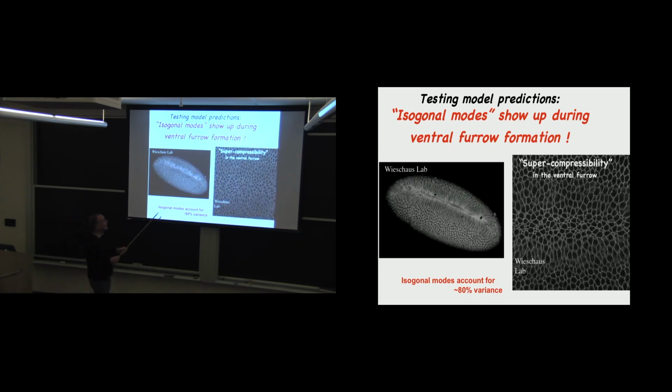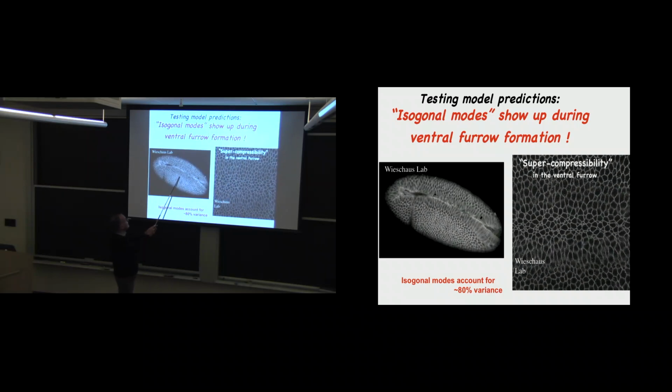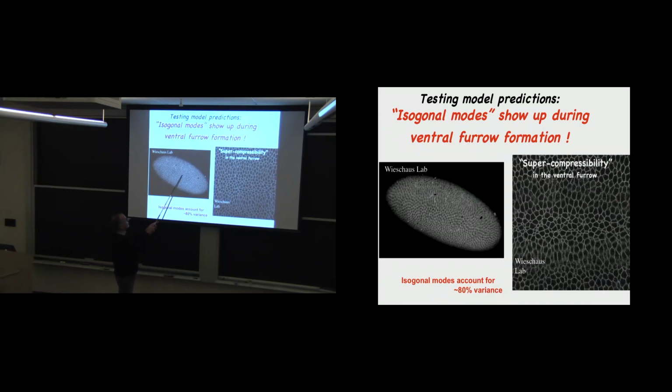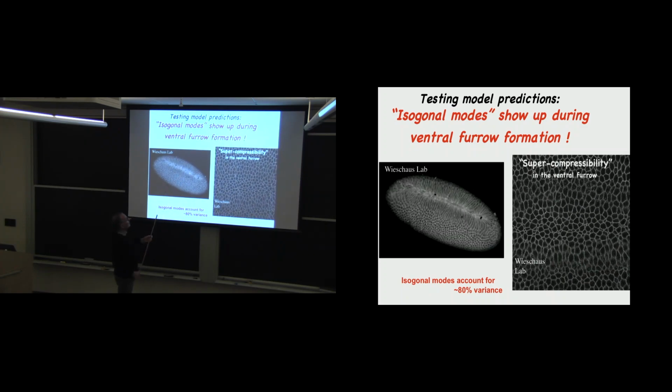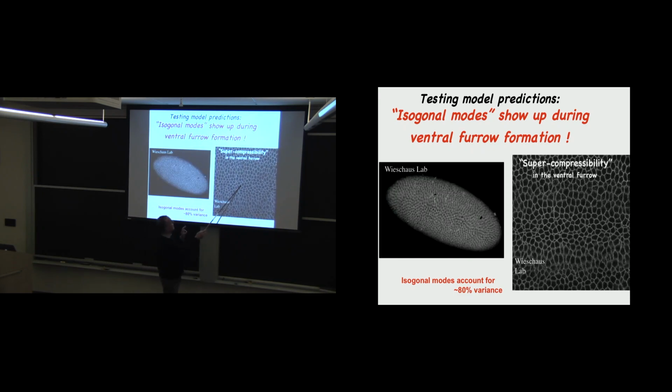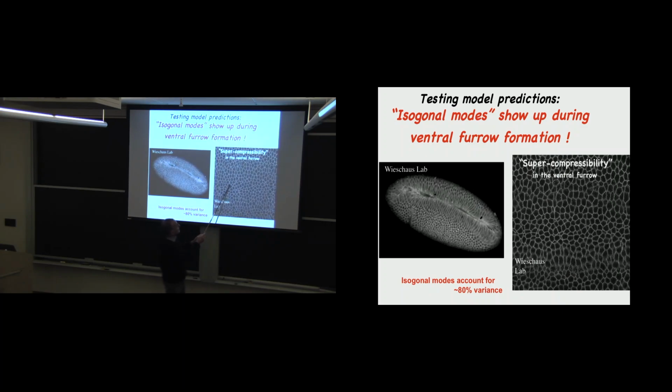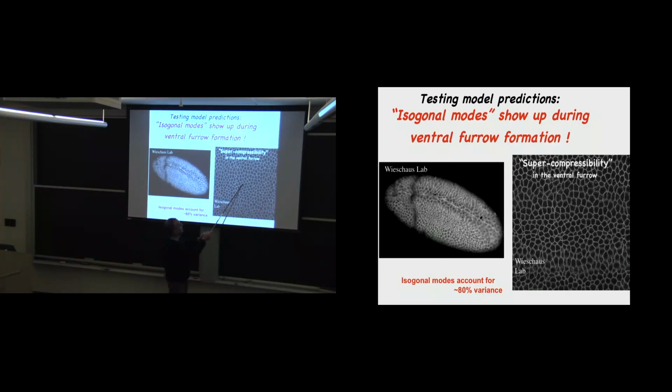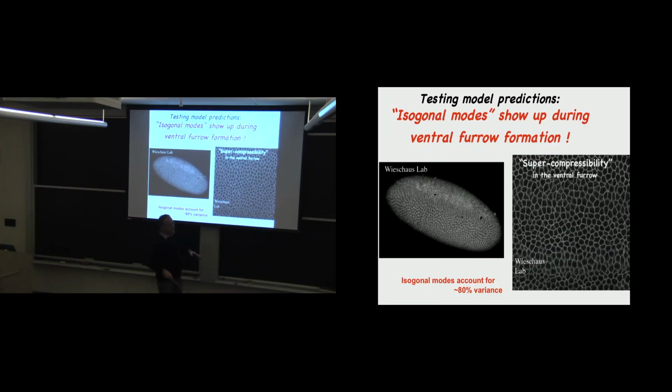And indeed, if you look at the cells just before this gastrulation process sets into play, and this is running a rather short interval of time in a loop here, what you see is this deformation where you see a rather dramatic change in area of some of the cells, right?